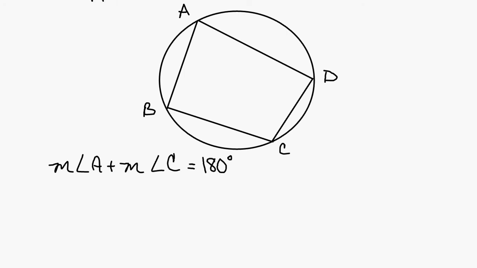Every time, all the time. Angle A plus angle C measures 180. They're opposite of each other, they're inscribed in a circle, therefore they're supplementary. It also means that the measure of angle B plus the measure of angle D is equal to 180.